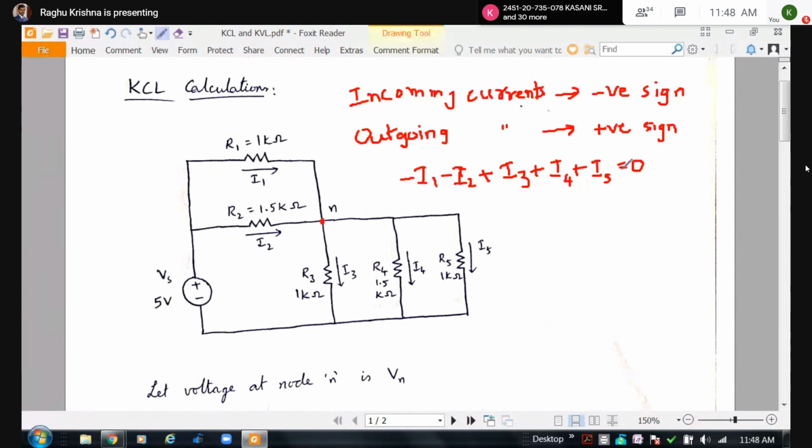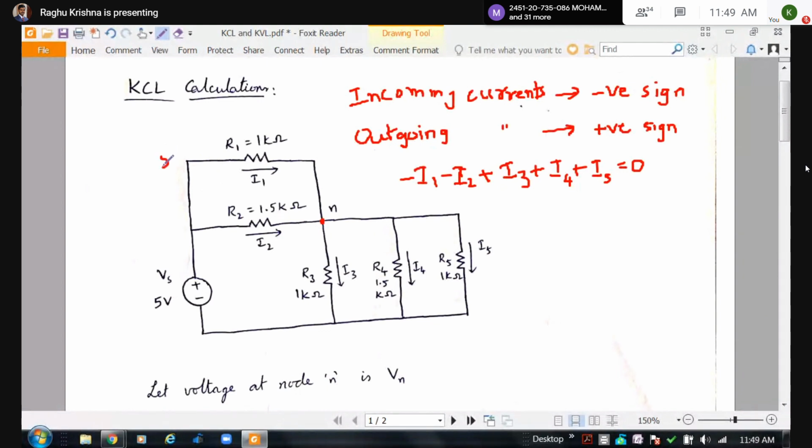Now let us obtain the I1 value, I2, I3, I4 and I5. When the current I1 flows, you know that current flows from high voltage to low voltage. So it is flowing from Vs. Here Vs is 5 volts.